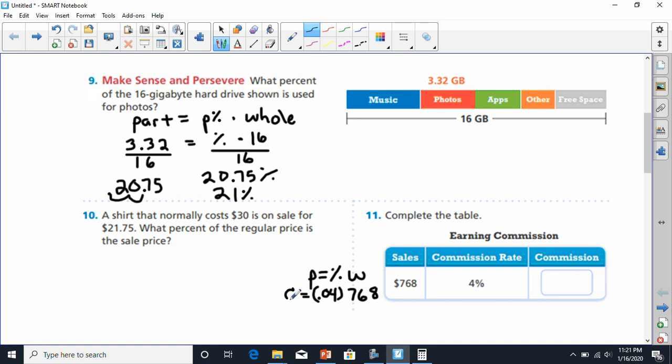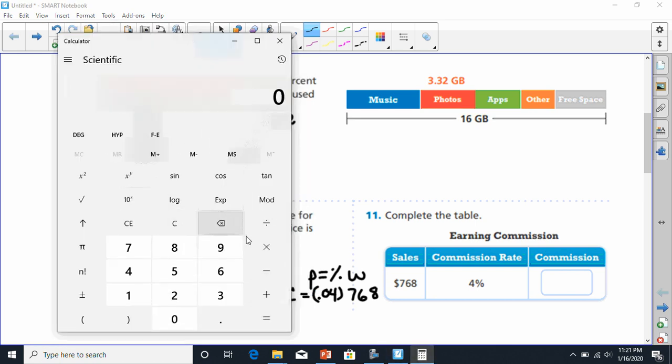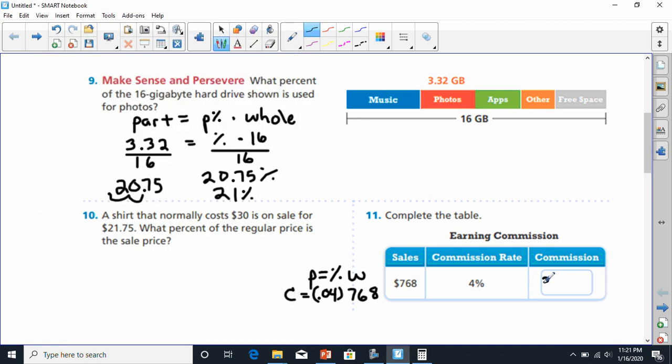We'll just put C here for commission. If I put 768 and multiply it by 0.04, I get 30.72. That means you'd make $30.72.